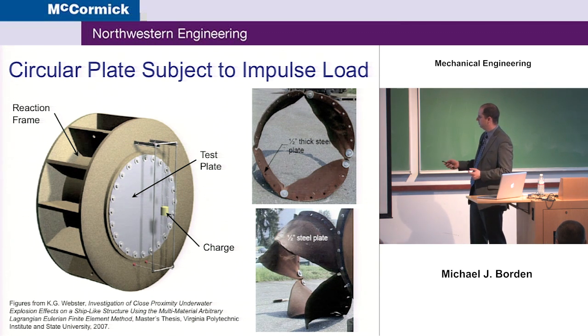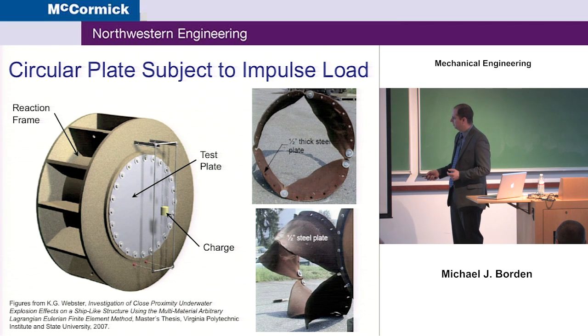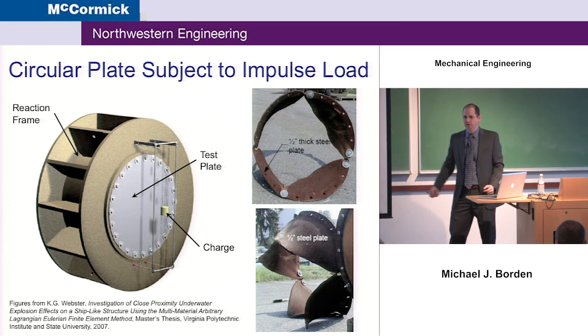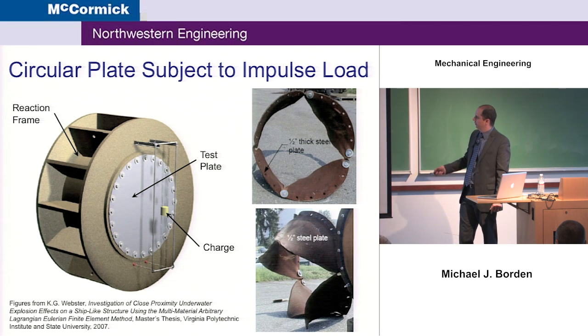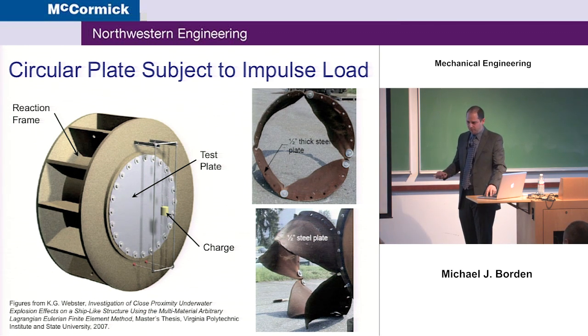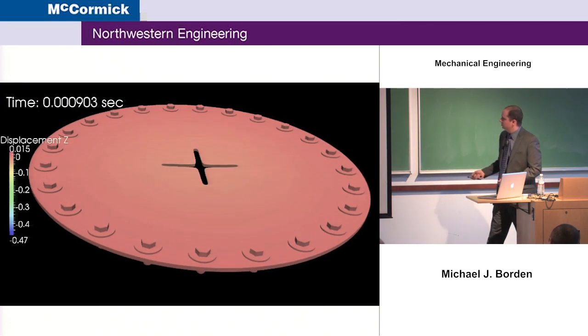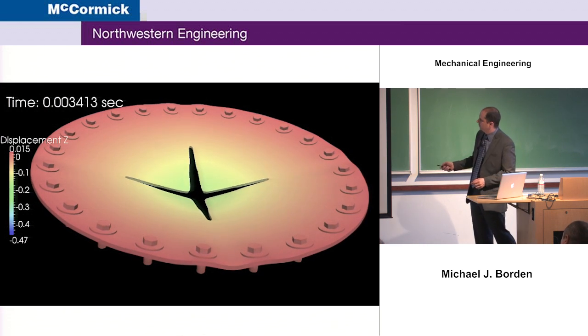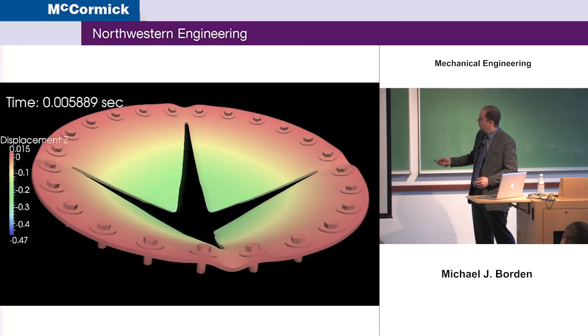Here's an example of something that we really want that we're pushing towards. It's of interest to some of our funding agencies at Texas, where they've done an experiment. They take these steel plates, about 1 meter in diameter, so they're fairly large. They bolt them to a reaction frame. They put them underwater, and they set off some charge in front of them. So there's a lot going on. We've simplified the model to begin with, but here's an example. We start off with the plate, and we apply a pressure, and you can see that we're getting this crack growth.